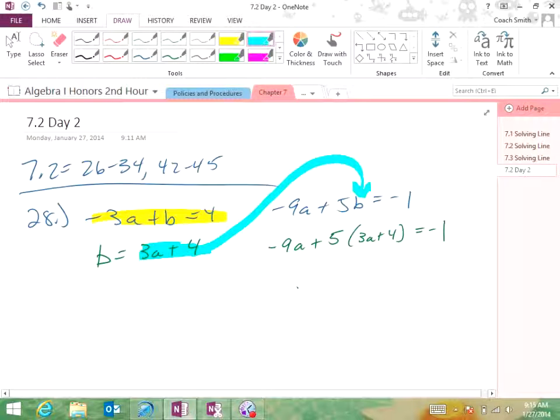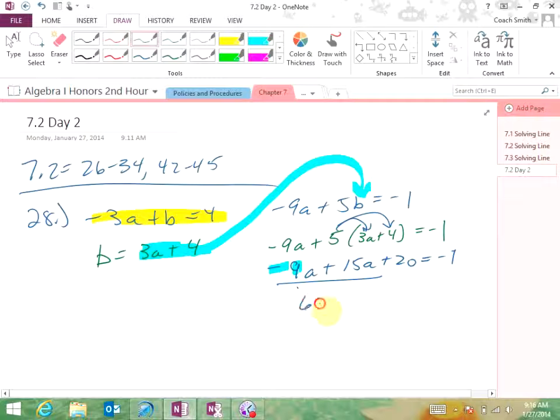Okay, so if we take this further out, negative 9a plus 15a plus 20 equal negative 1. In other words, I just distributed the 5 to both things inside the parentheses. I can put those two together.